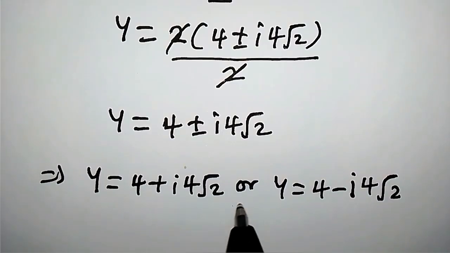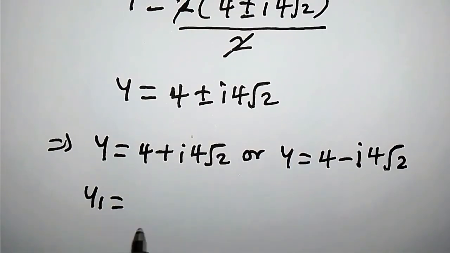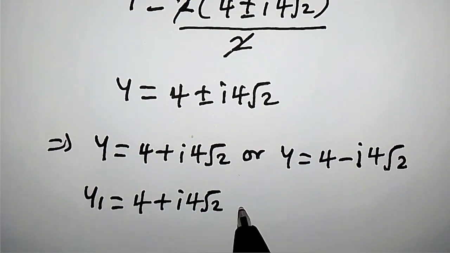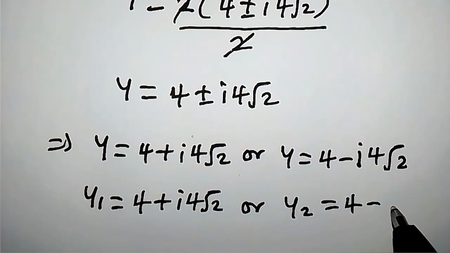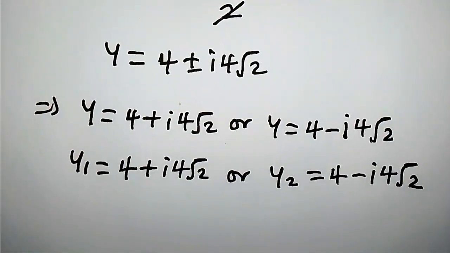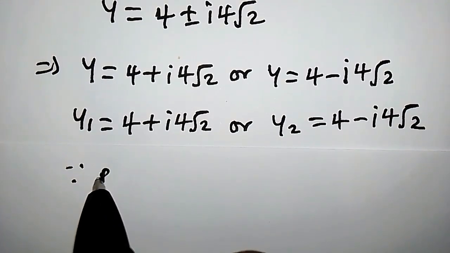We have two values for y here. Let's call this y1 equal to 4 plus i times 4 root 2, and this y2 equal to 4 minus i times 4 root 2.